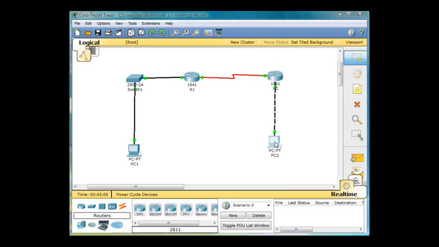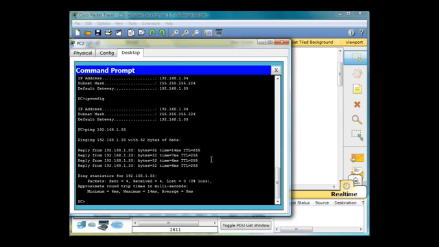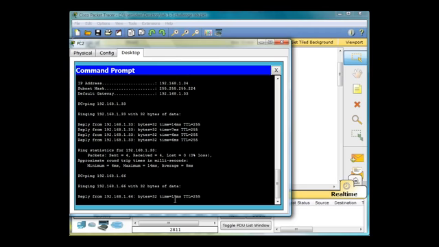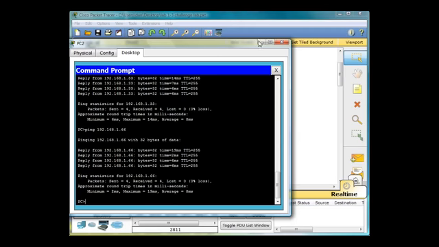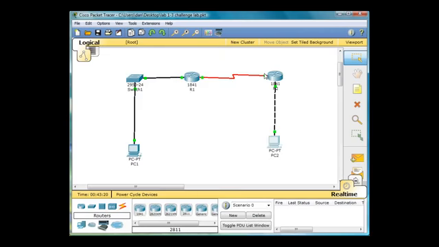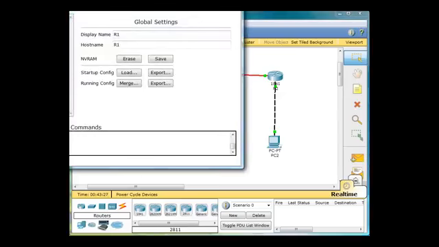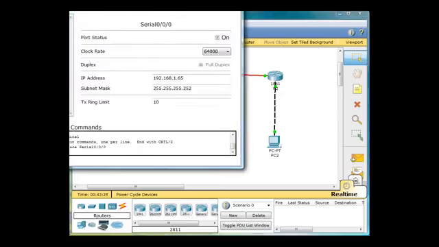So from this PC again, I will ping 1.66 and hit enter, and that is successful. So I can ping this serial interface right here. So now I'll try to ping this interface here. So click on this router and click here on the serial interface there, and it's 1.65.